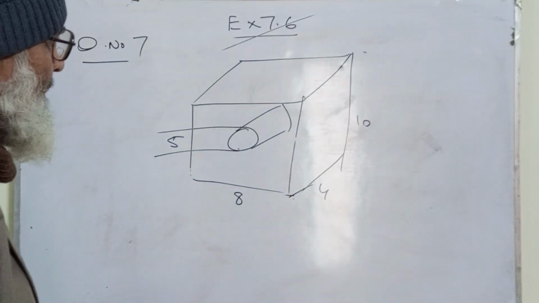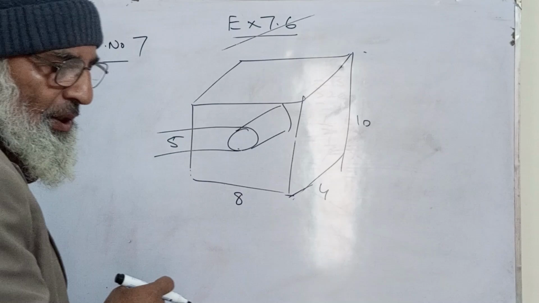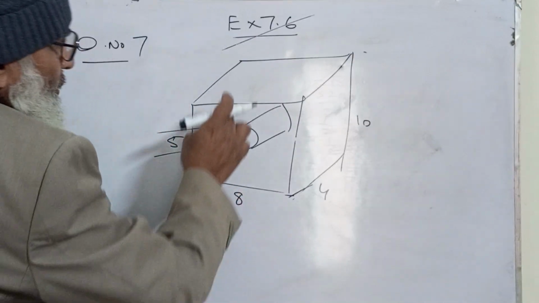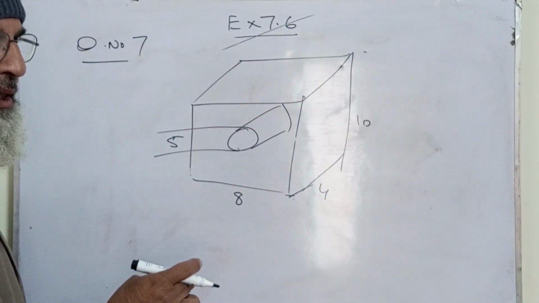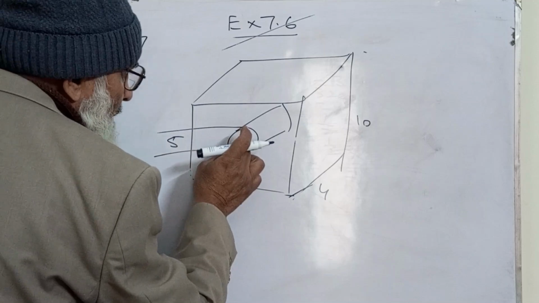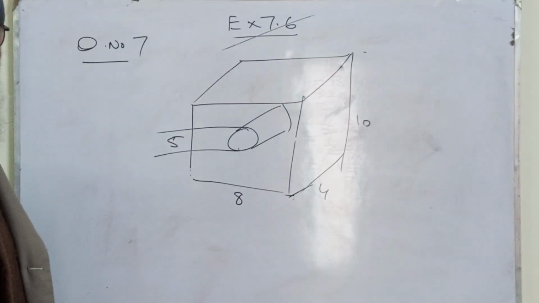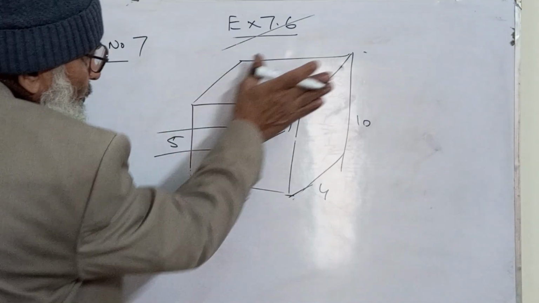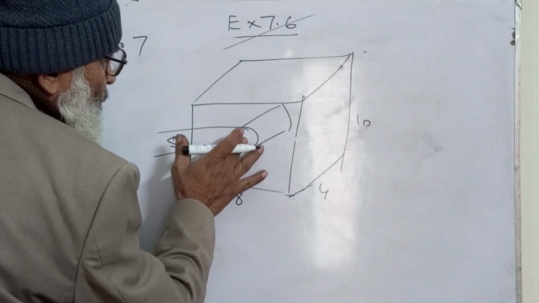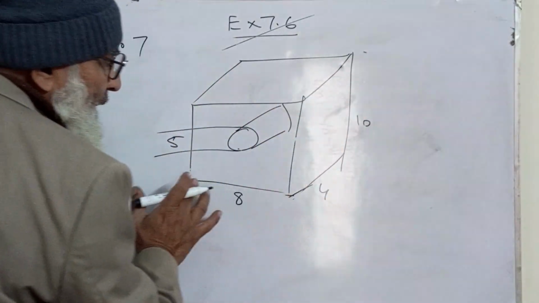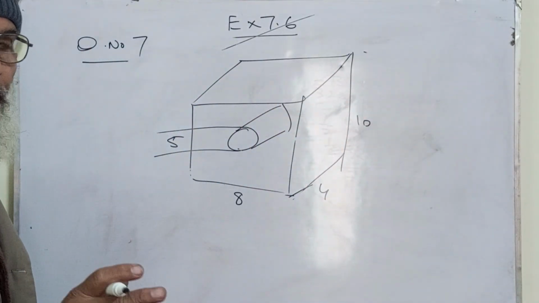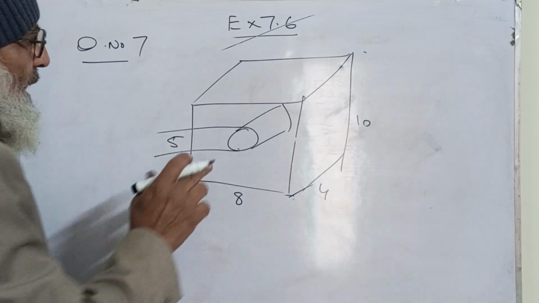Simple: we have to find the volume of this cuboid excluding the volume of this cylindrical hole from here to here. This is a hole done in this glass slab. Glass slab, you might have seen in the physics lab.